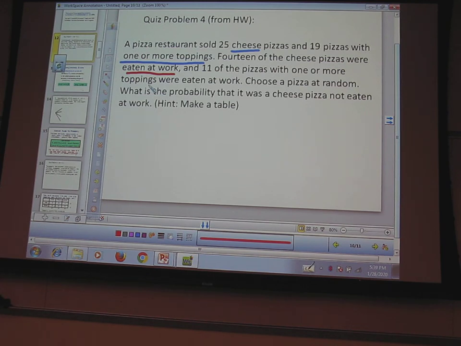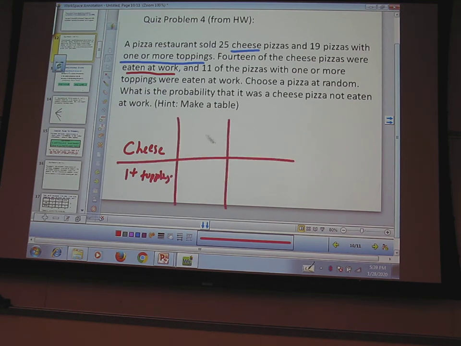So those are the two things we know about it. We should create ourselves a little table here. So it's either cheese or 1 plus toppings. That's either at work or not at work. Right, so those are the other options.